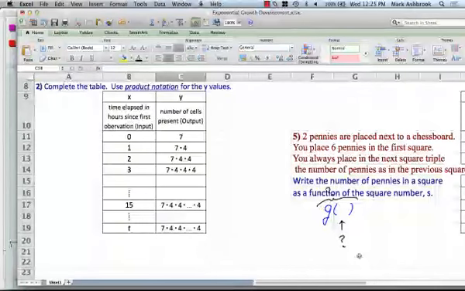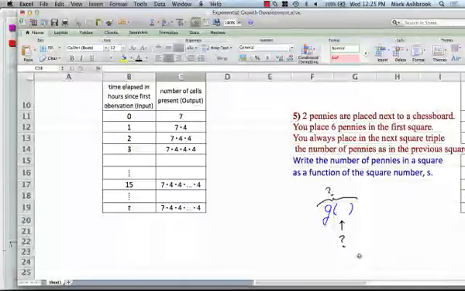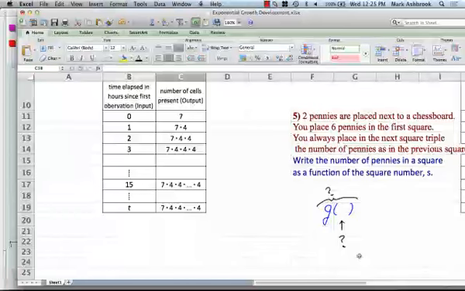And then can you write the rule for function g? First determine the input and the output of g, and then see if you can write the rule, the formula that will give the output that you want.